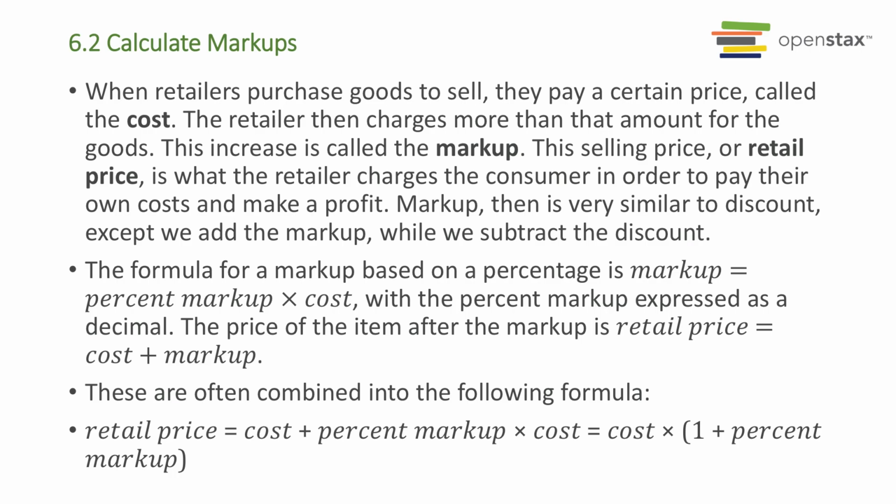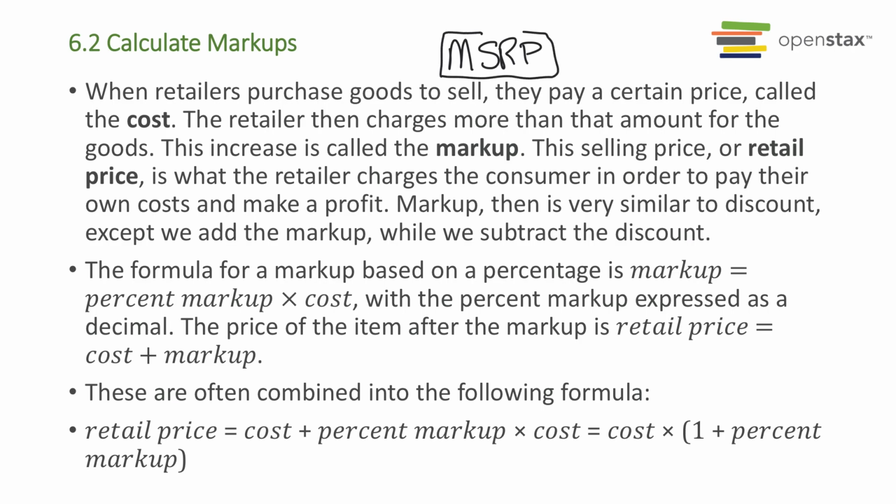Another thing that retailers do that's very, very common is something called markups. When a retailer purchases goods, they pay a certain price. They pay the price either directly from the manufacturer or a distributor, which is not the actual what's called the MSRP. This stands for the manufacturer's suggested retail price.